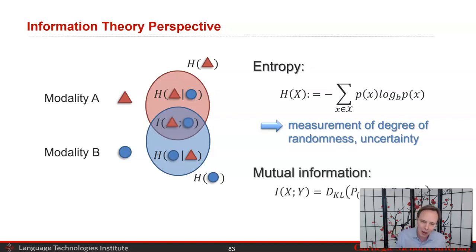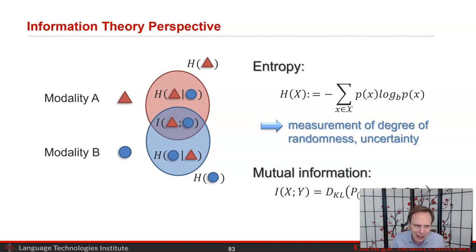And finally, the holy grail is the mutual information. Looking at what is in the middle, what's really mutual to both. You could see it as measuring the distance, the KL divergence, between the joint and the individual distributions. What is it in the joint that's different from having both probability distributions separate?